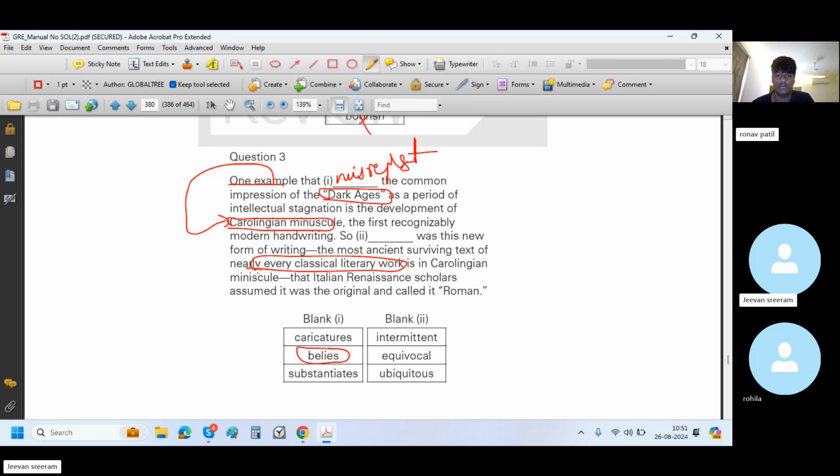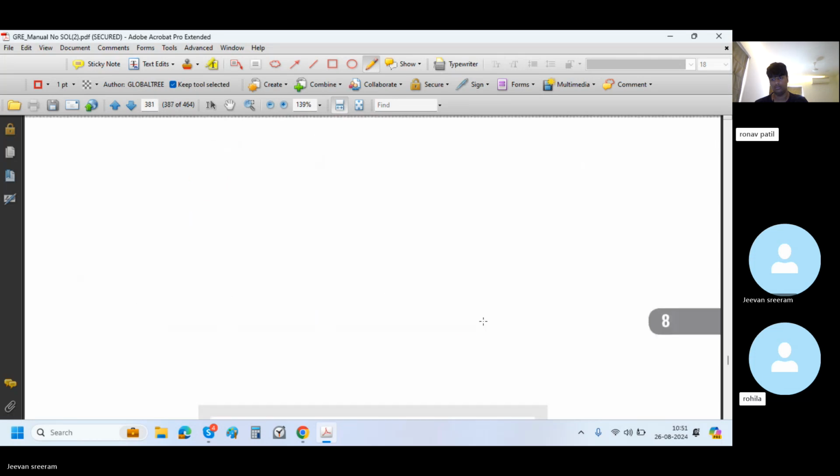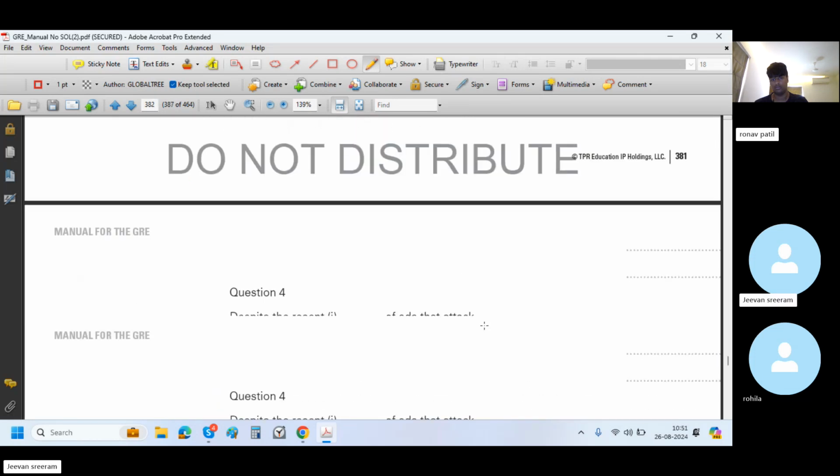So the right option is ubiquitous. Ubiquitous means you can see it everywhere. Clear? Just going with the clues. Seen everywhere. Rohila, is it clear? Yes, sir. Please attempt the next 3.